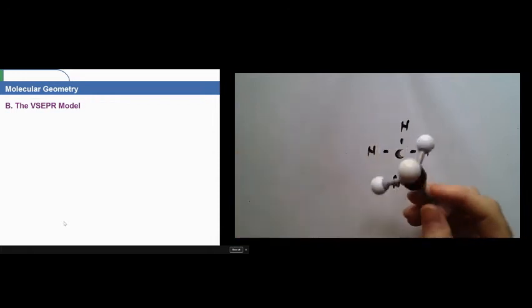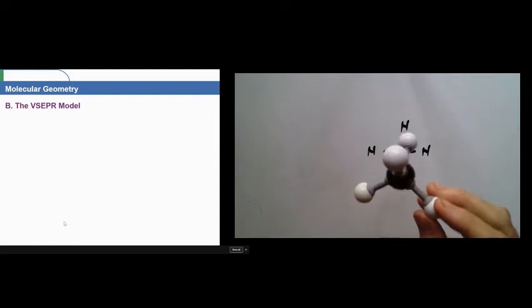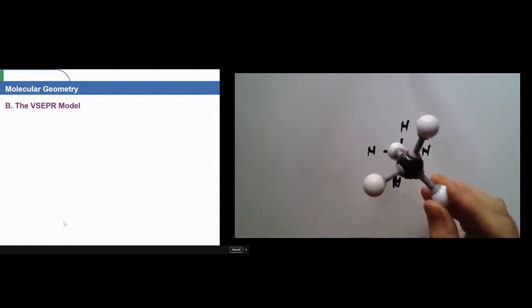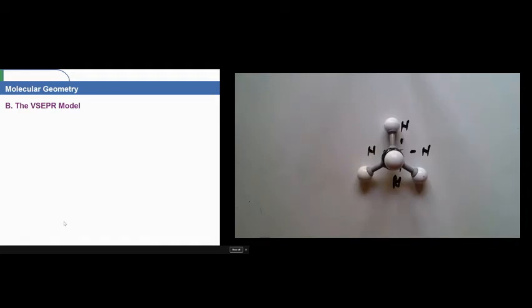Because this is the shape that is seen. They can actually figure out the angles and they know for sure that this is the shape. But why does it form this shape? That's where the VSEPR model or VSEPR theory comes from. Now, VSEPR stands for the valence shell electron pair repulsion theory.